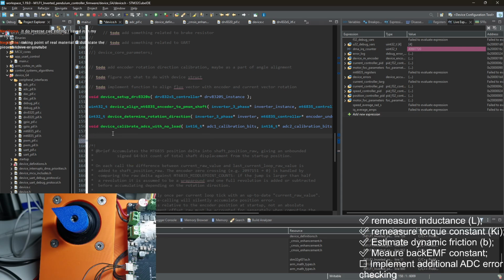Taking point of real material to duplicate the piece, archive for YouTube. Taking point of real material to duplicate the piece. I'm still not getting it, I'm sorry. Words are confusing. You confuse me too much.